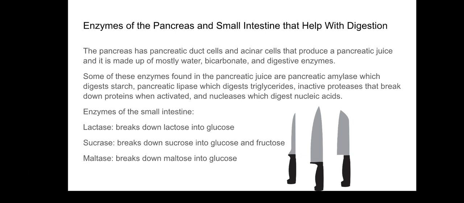Enzymes of the pancreas and small intestine that help with digestion. The pancreas has pancreatic duct cells and acinar cells, which help produce a pancreatic juice. And this juice is mostly made up of water, bicarbonate, and digestive enzymes. These enzymes found in the pancreatic juice are usually pancreatic amylase, which digests starch.